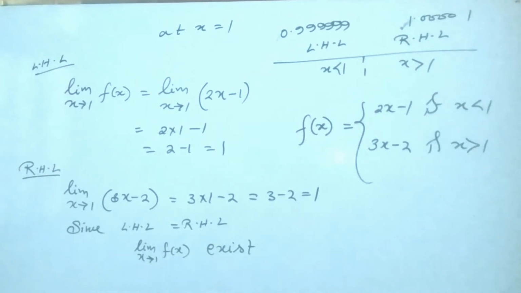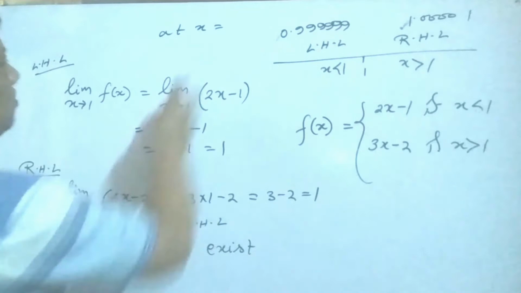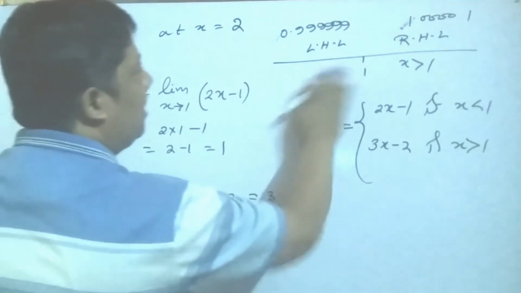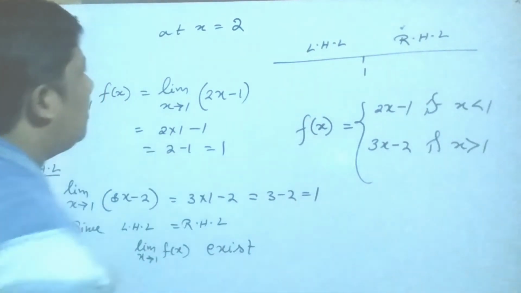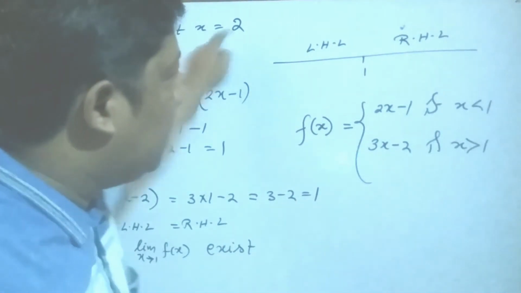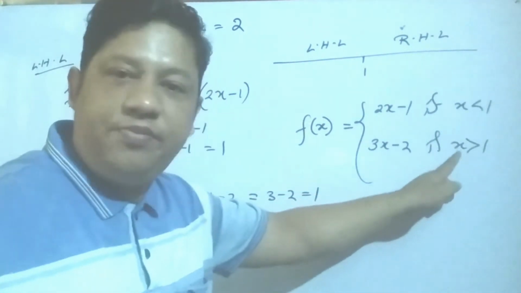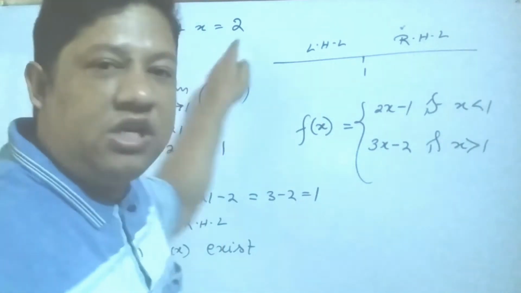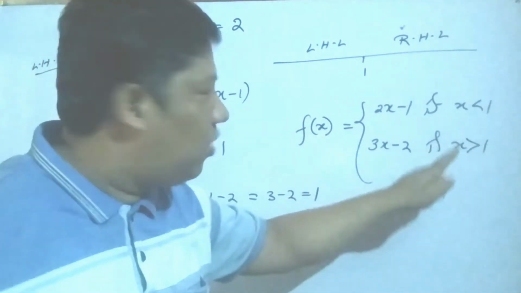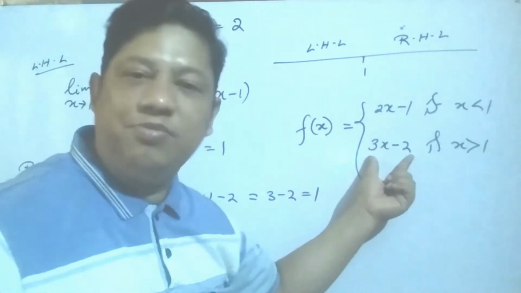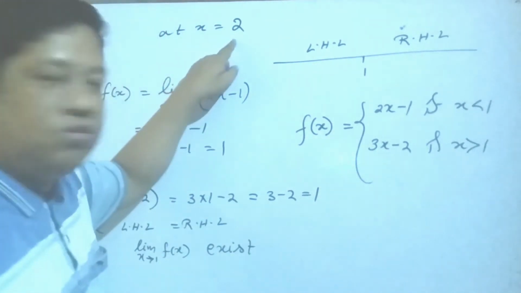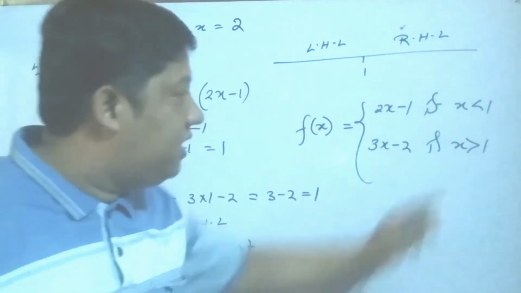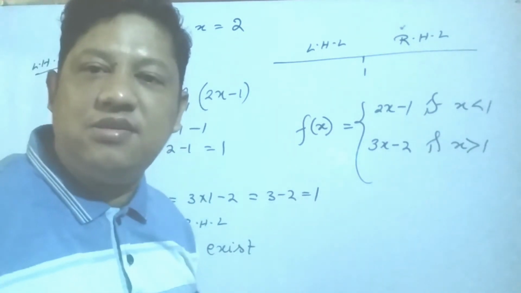Next, suppose you want to find the limit at x equal to 2. Then x equal to 2 is always greater than 1. So for the left limit and right limit, you have to use this function, because x equal to 2 is always greater than 1.